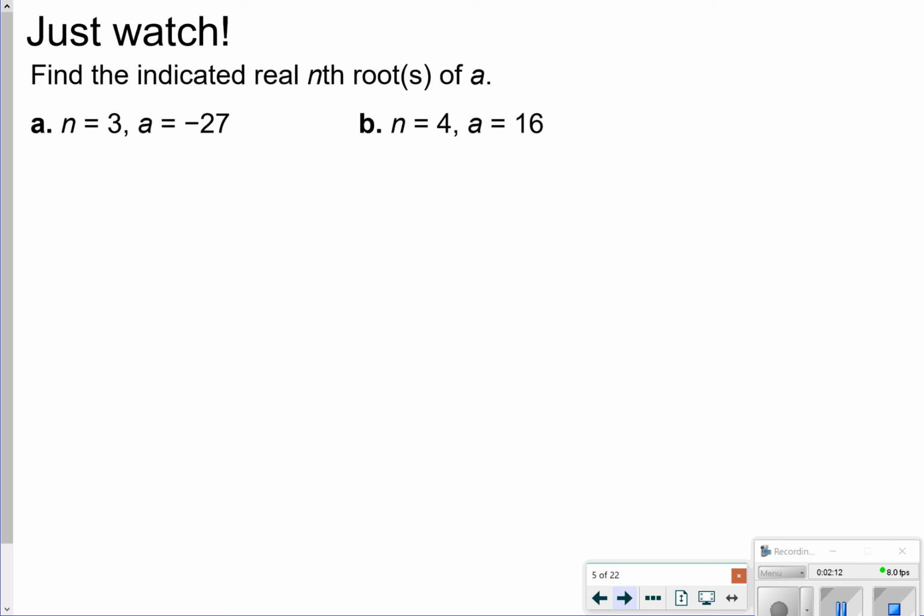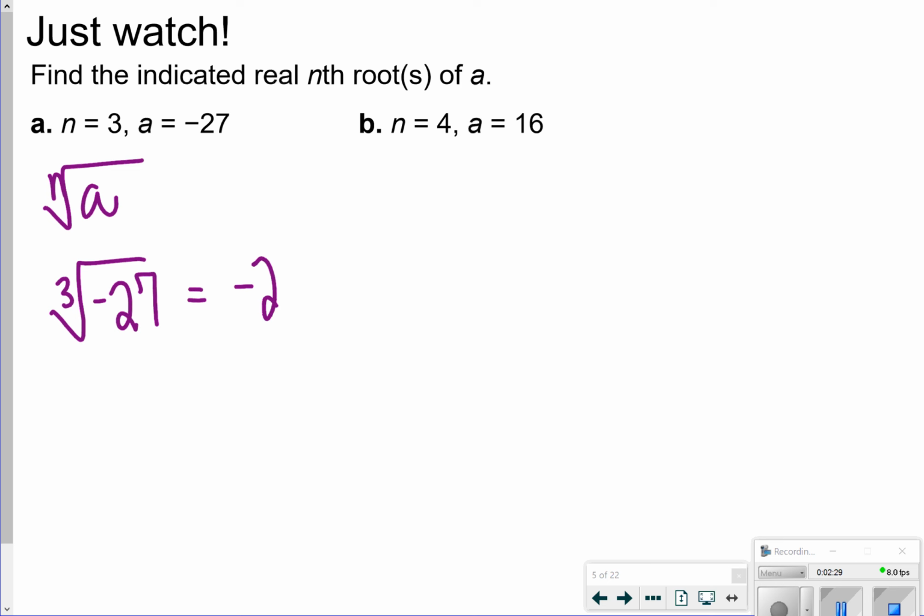So how I'd write this, remember this would have n in this little corner and then the root symbol and then a. So that just means the 3 would go in the corner, and then the negative 27 would go here. You could also write it as negative 27 to the 1/3, but this way might be easier to find your answer.